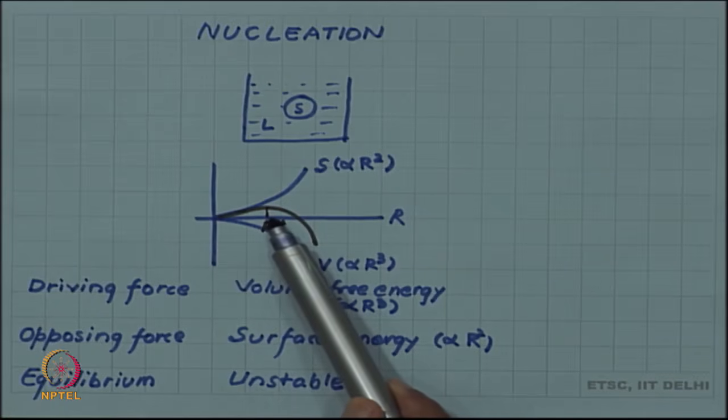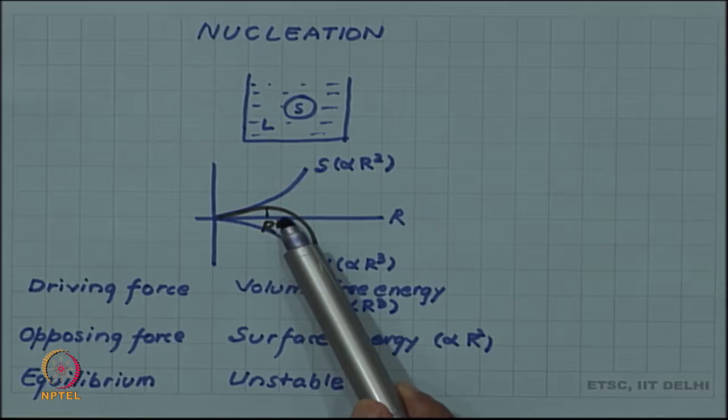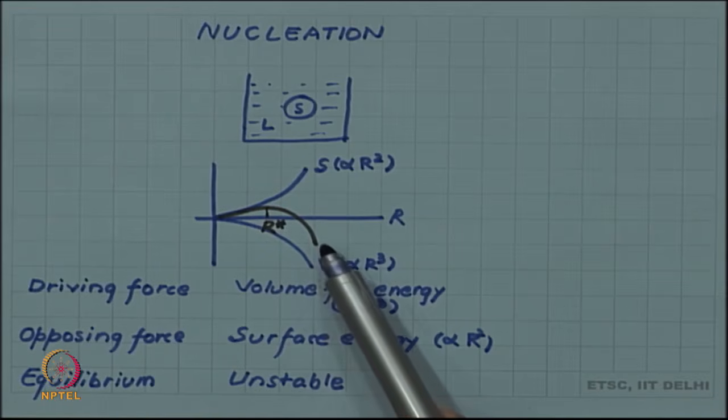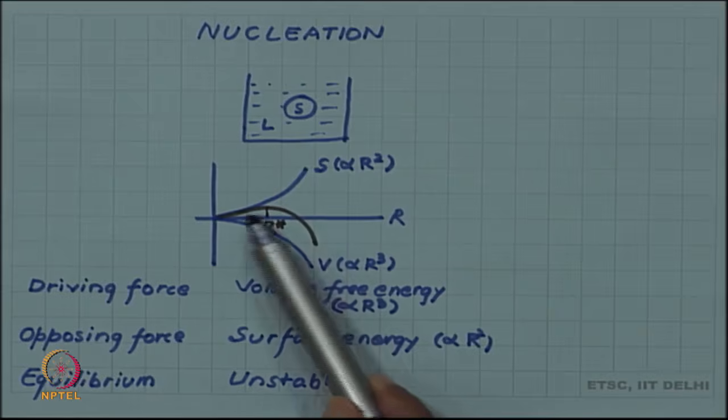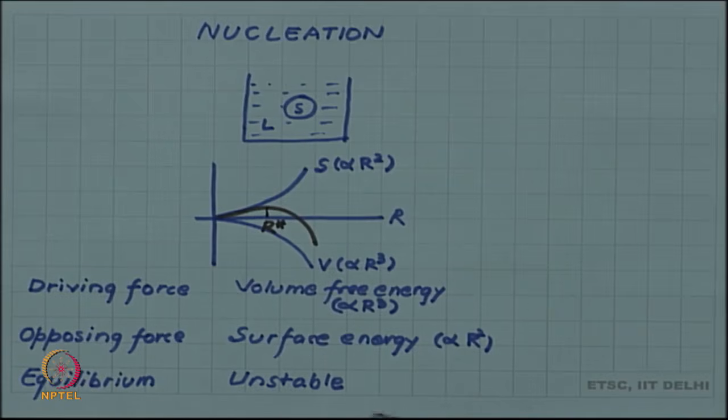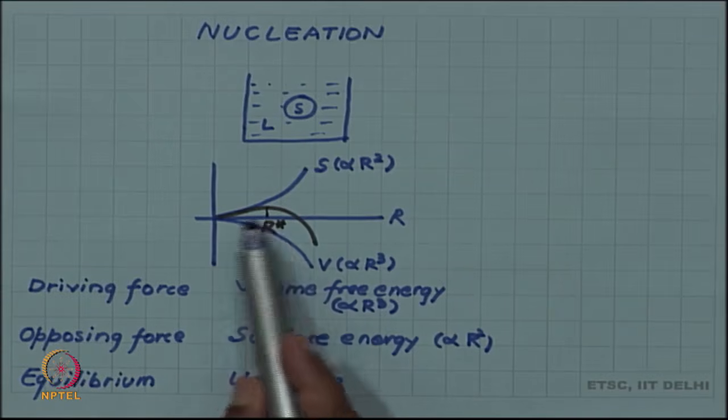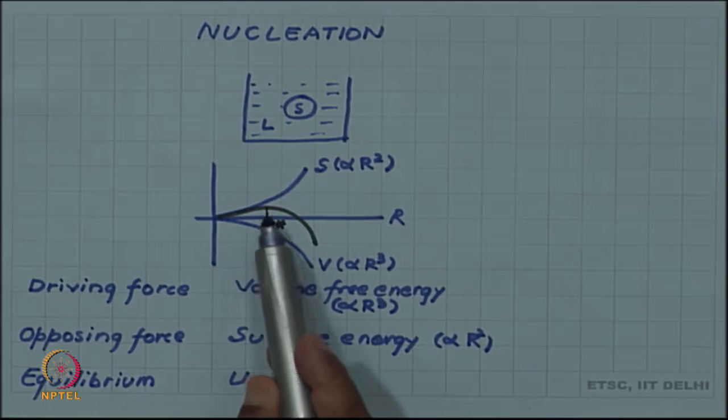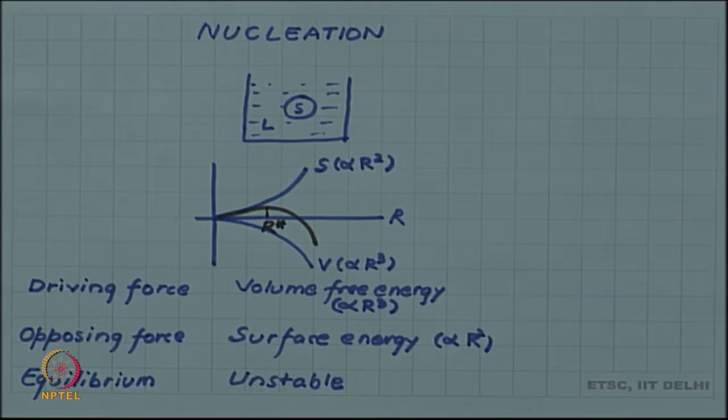If a few atoms join such that the radius increases, then it will keep on increasing. So, R star is an unstable equilibrium because whether it decreases or increases, it will not come back to the equilibrium position, it will keep deviating from that location.